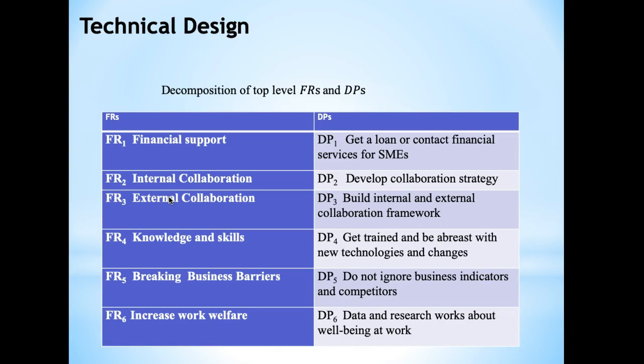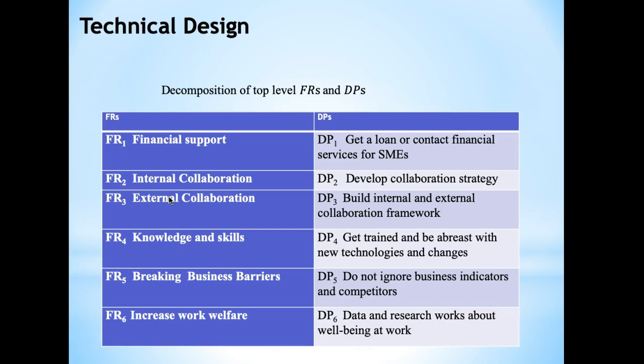Now the axiomatic design theory stipulates that if you take each FR, you associate a design parameter, a DP, to it. For instance, the requirement of the customer is financial support. They need financial support. Now, how can that problem be solved?